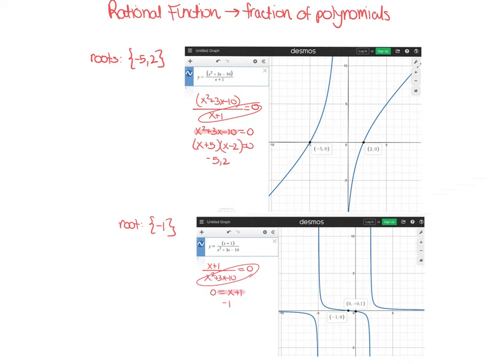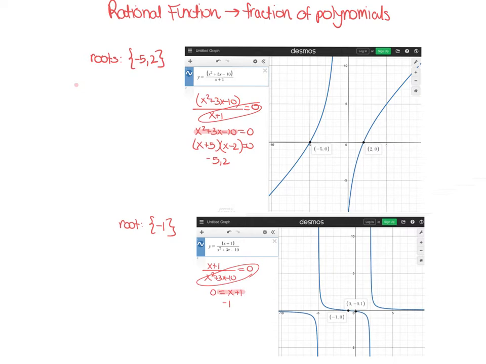Notice in the first one, our roots came from our zeros of the quadratic x squared plus 3x minus 10. And in the second one, our zeros came from our zeros of our numerator of x plus 1.